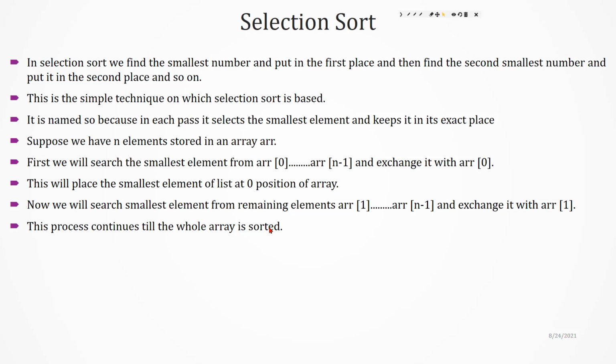In the next step, we will not consider the first and second positions. From the remaining positions, we will find the smallest element and put it in the third position. And this process will continue. In the end, we will get the sorted array. Is the concept of selection sort clear? If it is clear, please respond with a clear message.